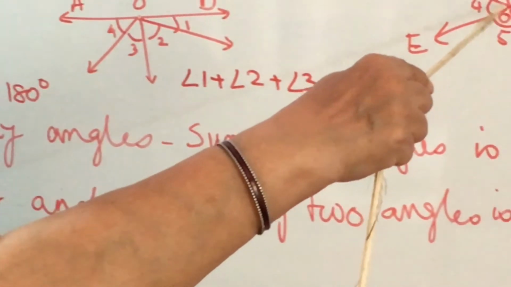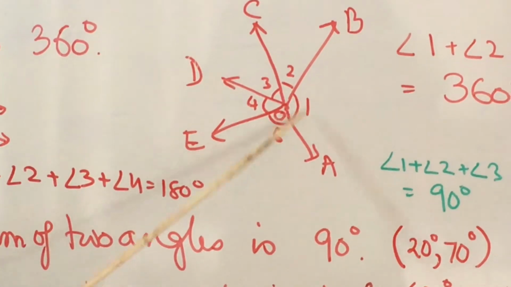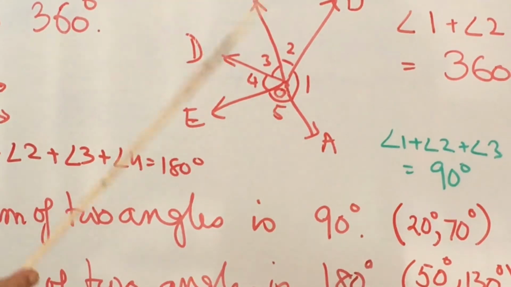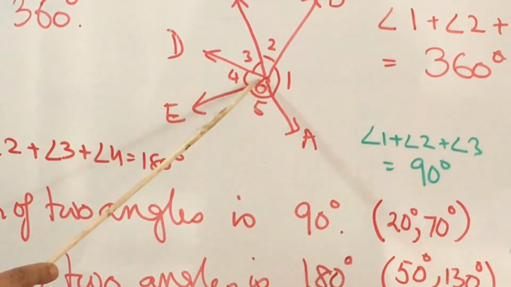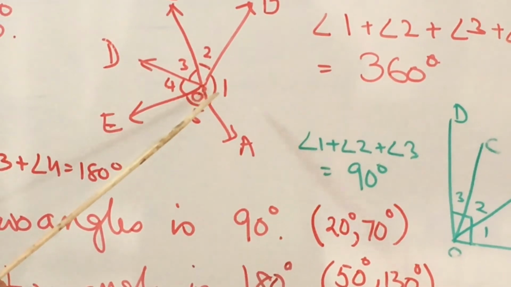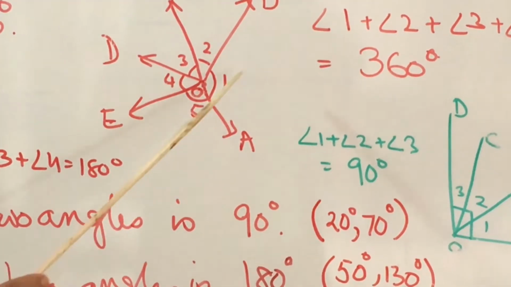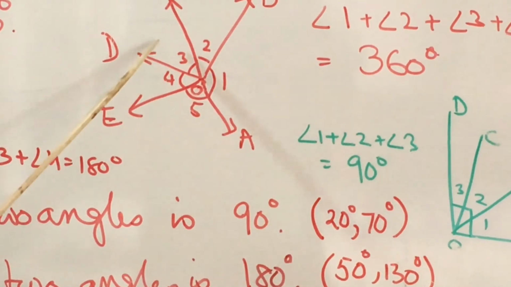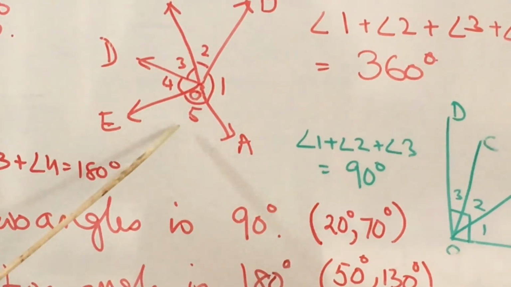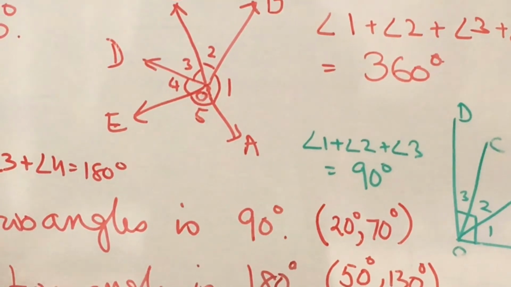Now here they have a common vertex O, and I have drawn 1, 2, 3, 4, 5 angles at the point O. Now all these angles sum up to 360 degrees. That is angle 1 plus angle 2 plus angle 3 plus angle 4 plus angle 5 is equal to 360 degrees.